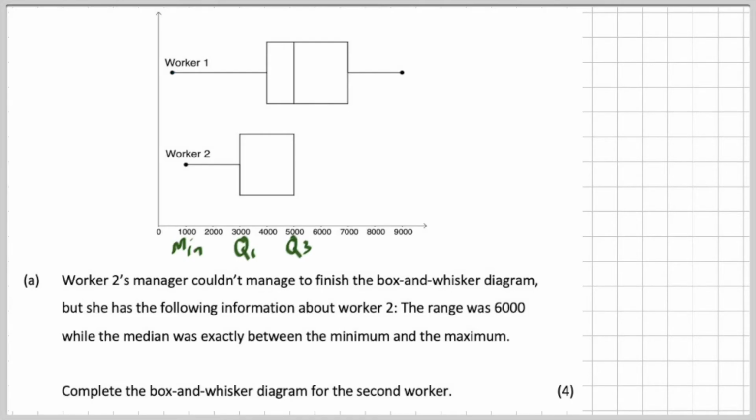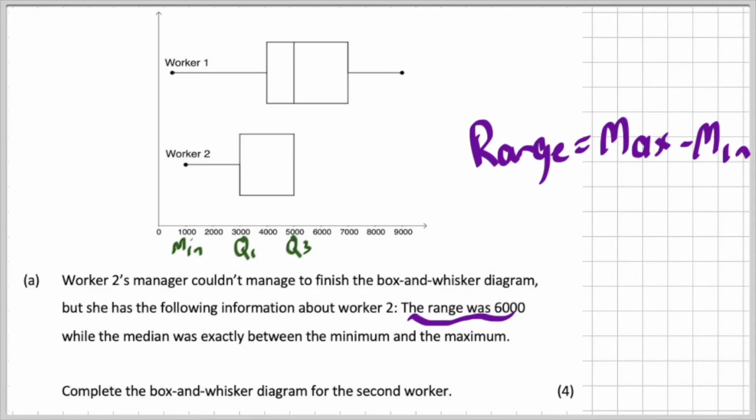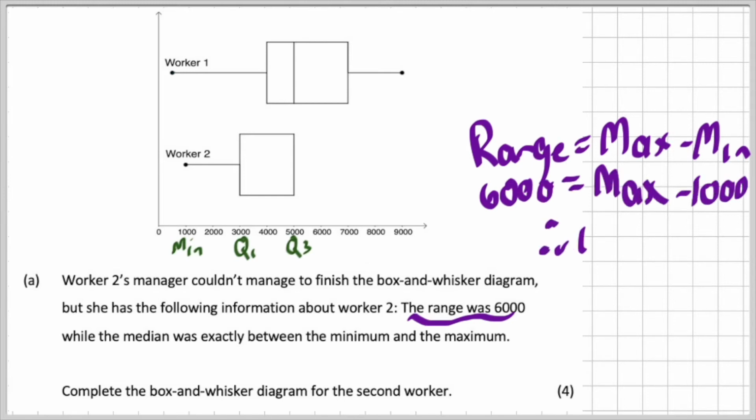If I look at the maximum, I'm going to look at the range, because range is the maximum minus the minimum. Substituting that in, that means our range is the maximum minus 1,000, which is 7,000. Now there is a simple, straightforward way of doing this as well.